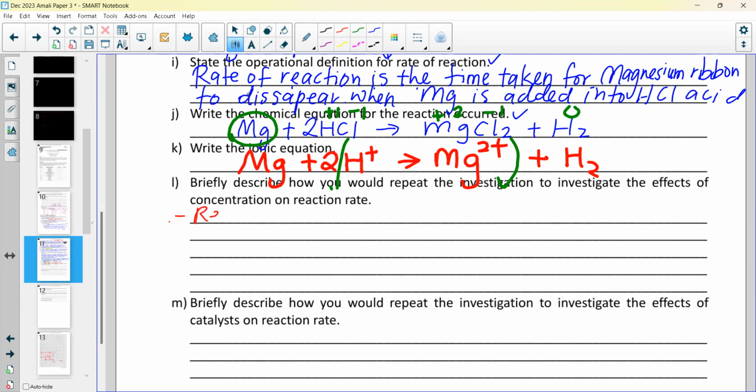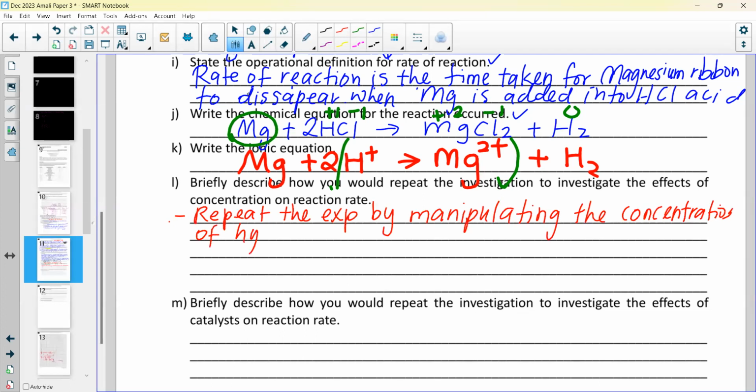Maybe you can say: repeat the experiment by manipulating the concentration of hydrochloric acid.